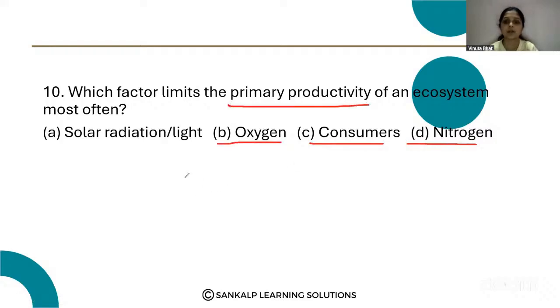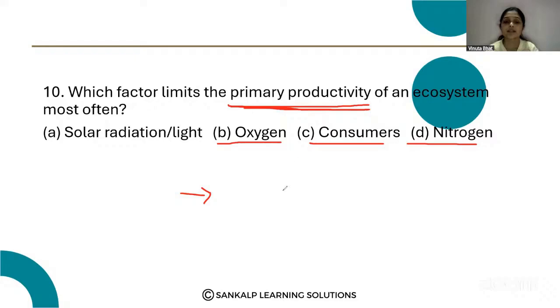Primary productivity is the total amount of organic matter produced by the plants, or the organism at the first trophic level. The total amount of organic matter or the biomass, or the rate of production of the total biomass by the producer, is called primary productivity.